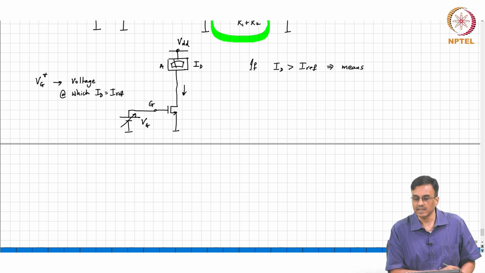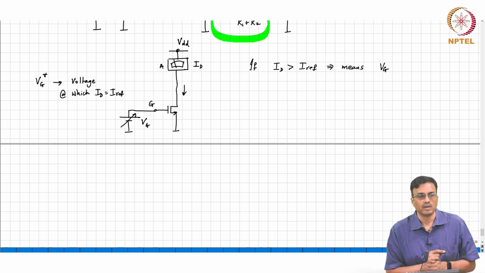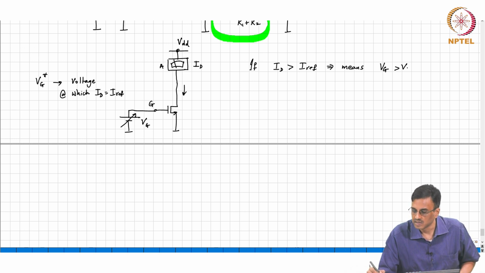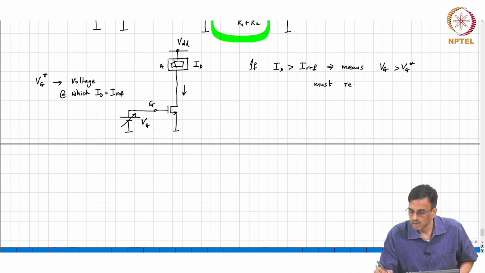If ID is greater than Iref, it means that the applied voltage at the gate Vg is too much or too little? It is greater than Vg star. So what must you do? You must reduce Vg.